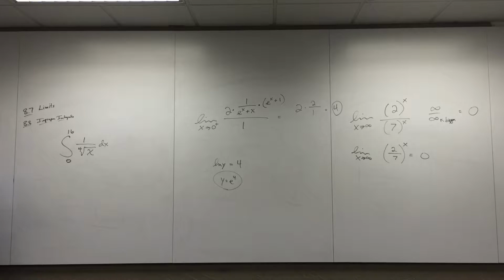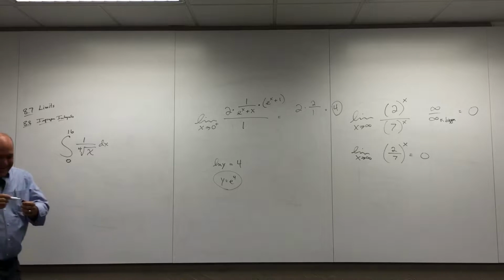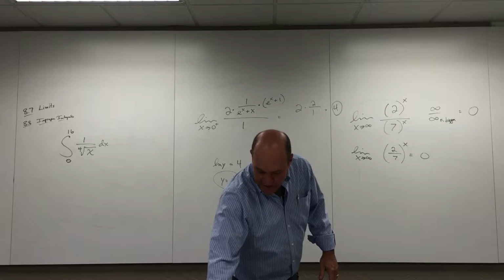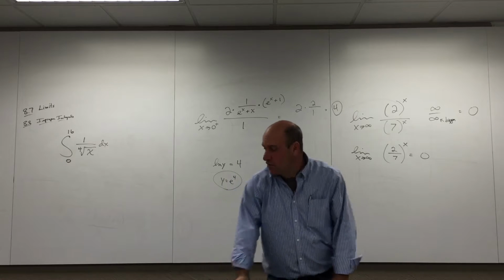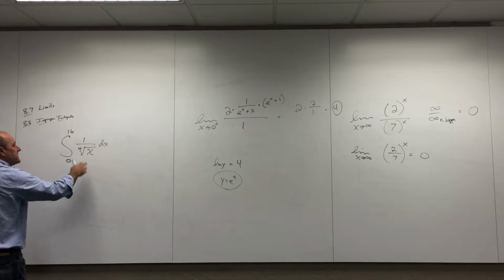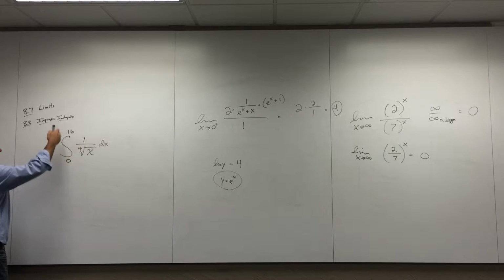Here's one. So this is not too bad, but it's different than my examples I did the other day. It's a little different. So anyway, that's 1 over the 4th root of x dx from 0 to 16.